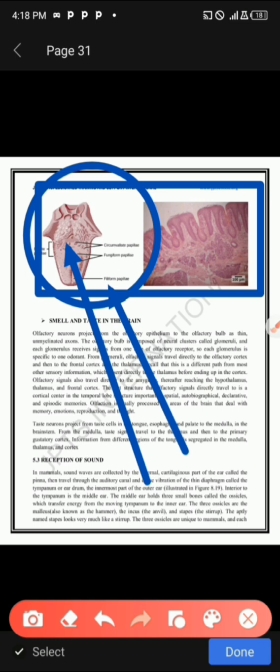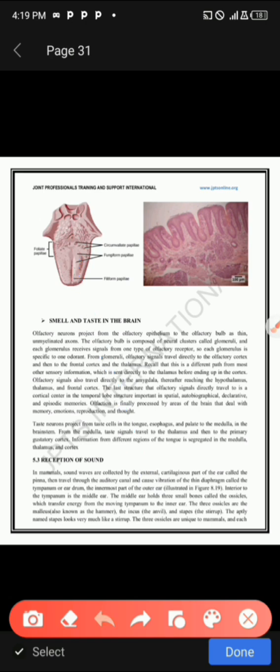Another example, look at smell and taste in the brain. Olfactory nerves project from the olfactory epithelium to what? To the olfactory bulb as tiny unmyelinated axons.